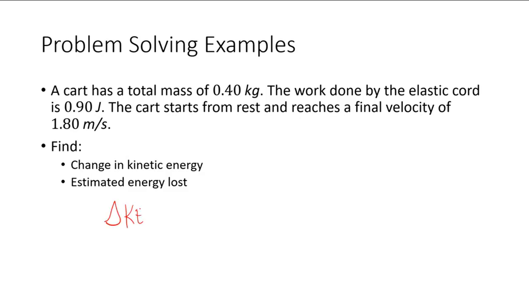Delta KE is equal to KEf minus KEi. However, please take note that the cart starts from rest. That means your initial kinetic energy is just equal to 0. So the change in kinetic energy is just equal to the final kinetic energy, which has a formula of 1/2 m vf squared.